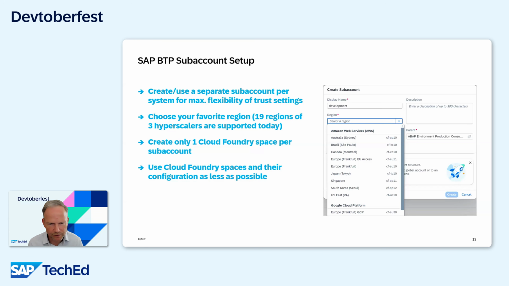So please do not use spaces for other settings. It is just mandatory to use it because we are part of Cloud Foundry, but it should not have additional meaning. So that's also the last recommendation: please do not add additional meaning to Cloud Foundry spaces.